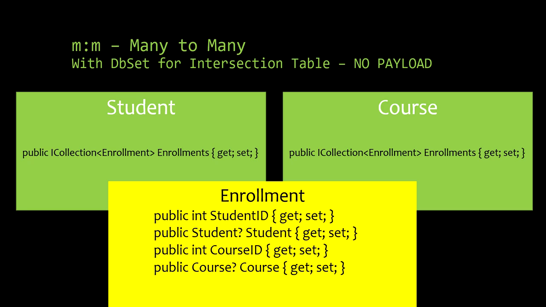So a couple of details. Remember, both of the parents in this family, the student and course, contain collections of the child entity, right? The common child, the enrollment entity. The only properties in the enrollment are the foreign keys, right? We've covered this before. Basically, the foreign key is made up of a nullable object of the parent type.